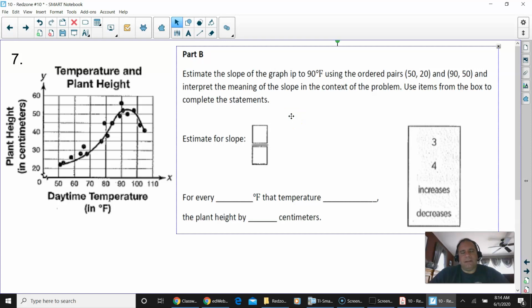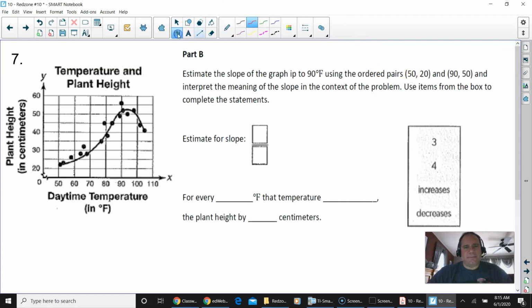I understand this is an estimation, but remember, what is the slope formula? It's m equals y2 minus y1 over x2 minus x1. And when they say estimate, they really just want you to round any numbers off that you can. And all of these are pretty rounded, so I don't understand the estimating.